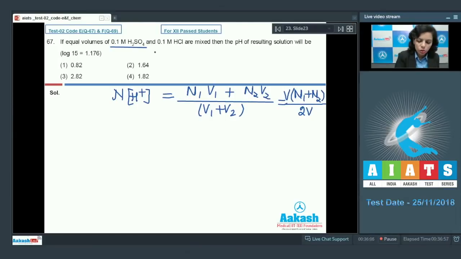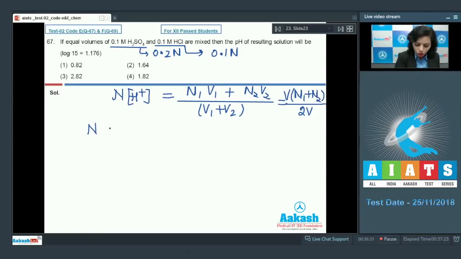The normality of this solution we can find out using its N factor. What is that? In this case, the N factor is 2. So definitely the normality for this solution would be 0.2 normal, molarity into N factor. In a similar way, if we want to find out the normality of HCl, then it would be 0.1 normal only, because the N factor is 1 here.